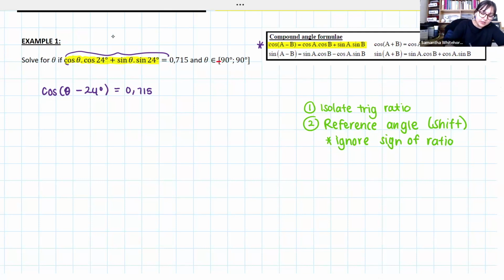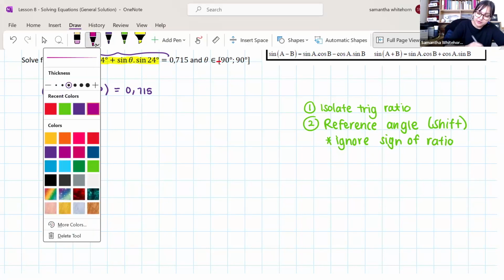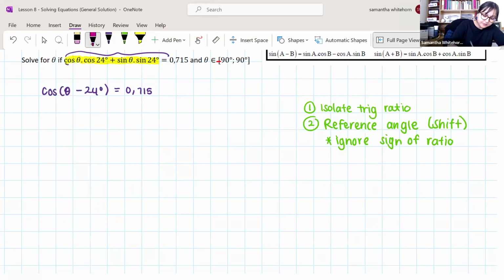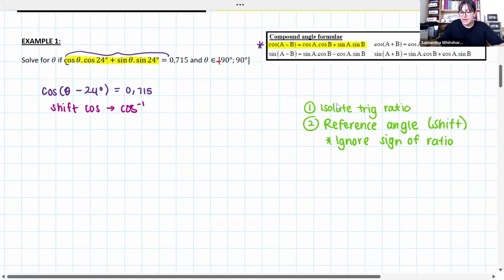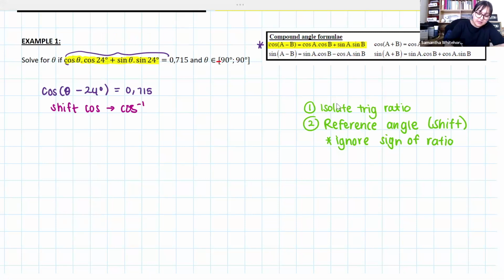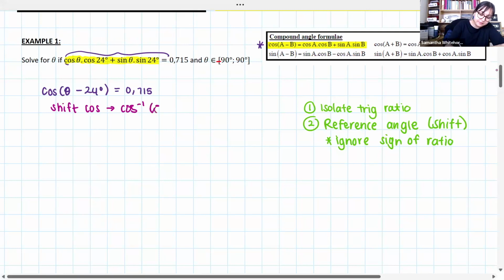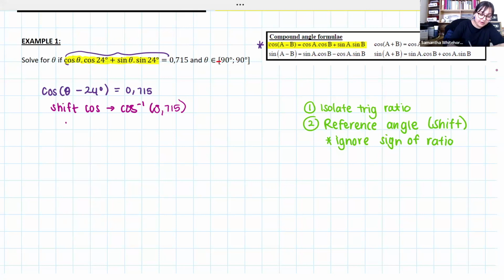So what I'm now going to do is I'm going to type shift sine on my calculator. I'm not, because it's cos. I'm going to type shift cos on my calculator. And remember what it does is it gives me that cos to the -1. And in the bracket, I'm going to type 0.715. And that's going to give me my reference angle.